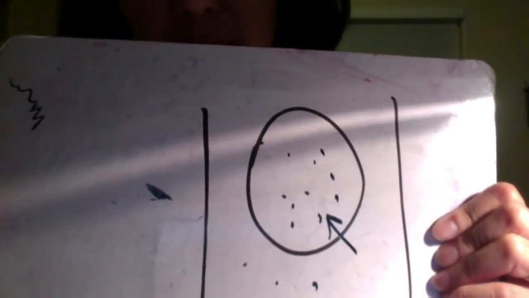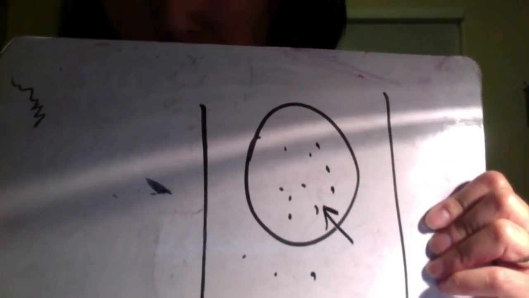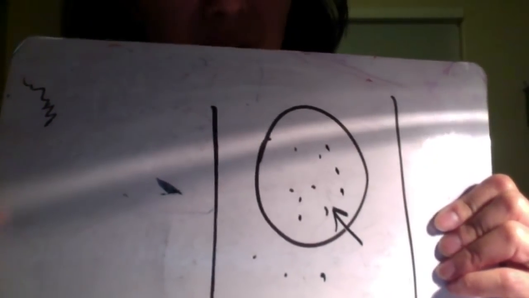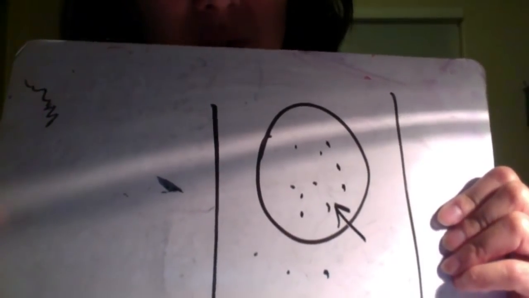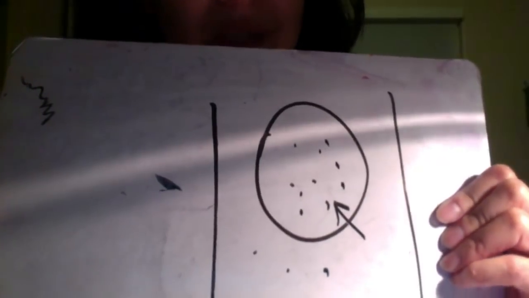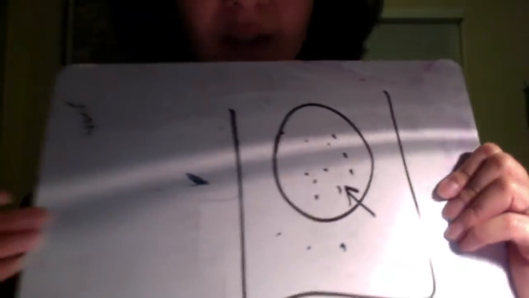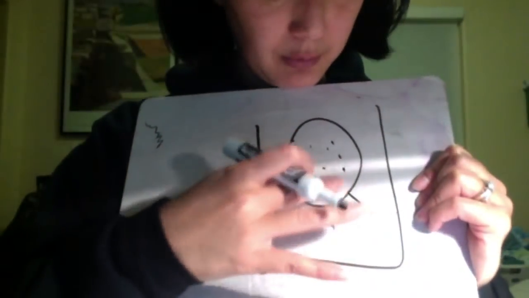So that means that water is actually going to move in because it goes from high to low. And if it does that, then it's going to make the cell swell. So if a cell is placed in a hypotonic solution, then the water will move from the outside in and it will swell. In comparison, now I'm going to draw a different picture, right?